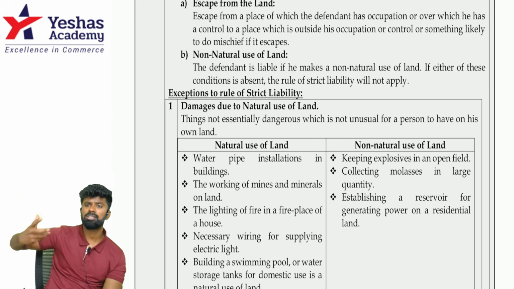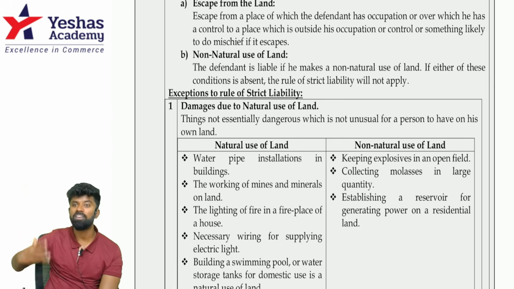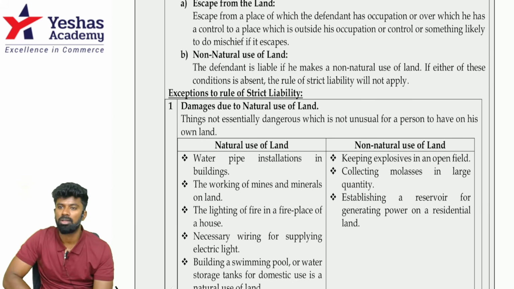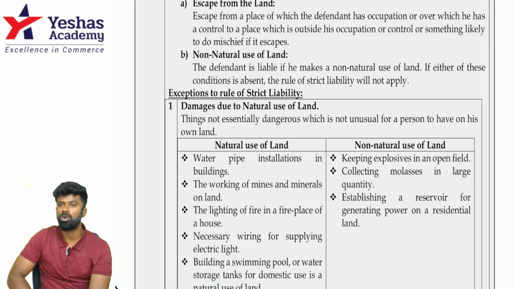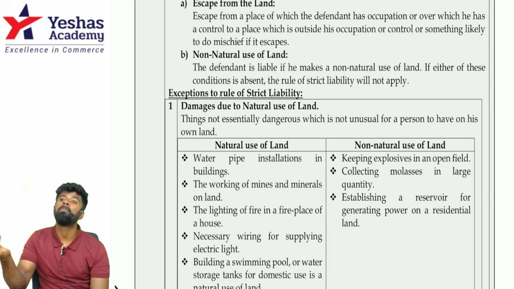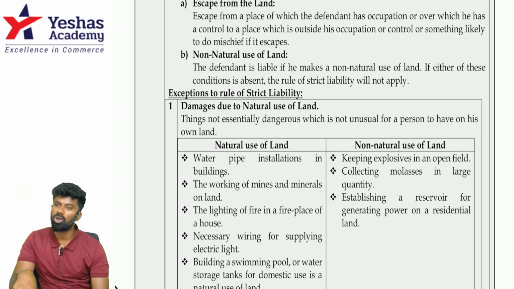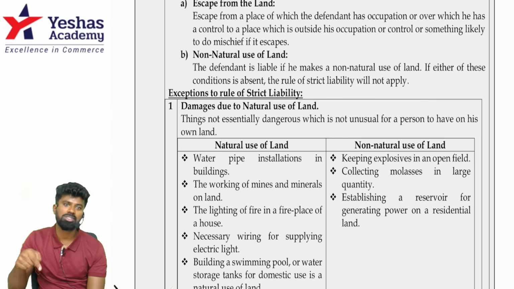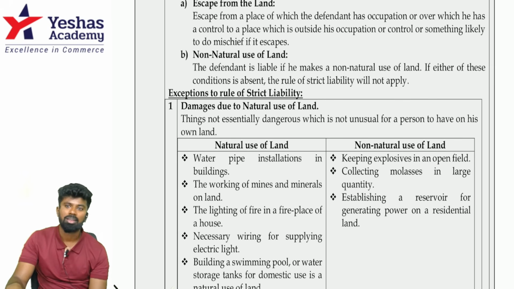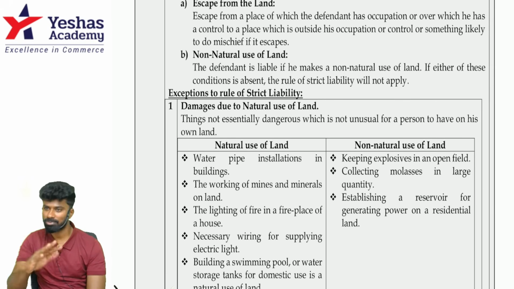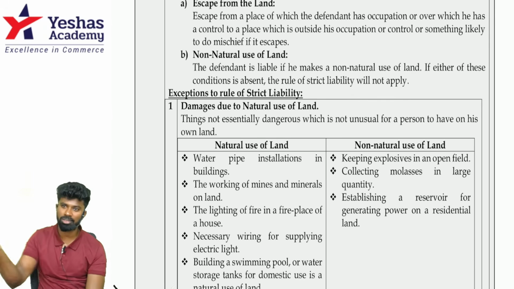Molasses, in the case of sugar industries, is a wastage. They make wine out of it. It is also a by-product. We make ethanol from it, and we use this in costing, in the calculation of cost. It is a by-product, main product, by-product.